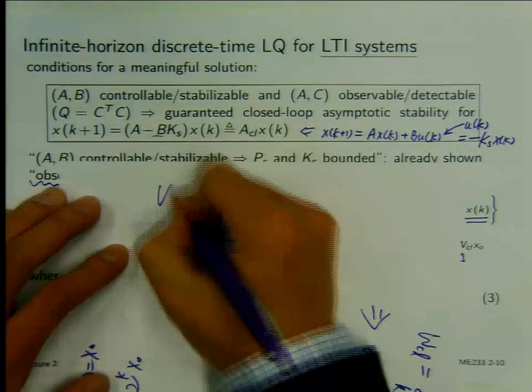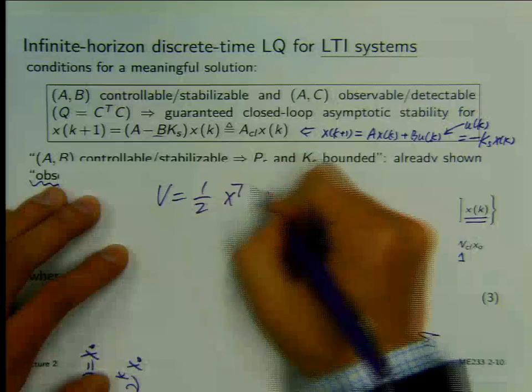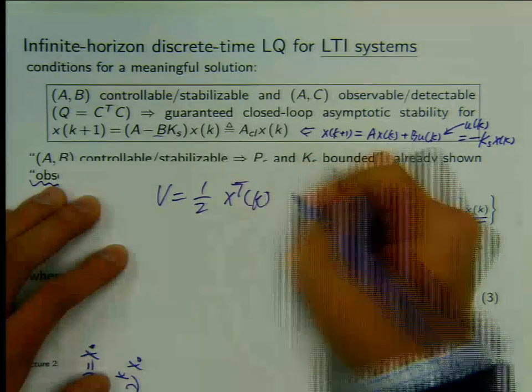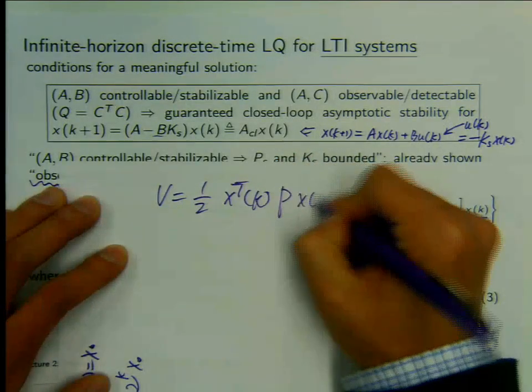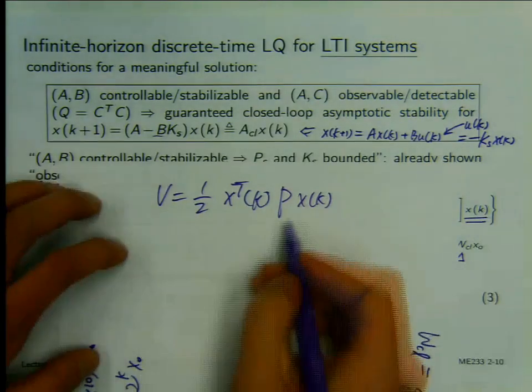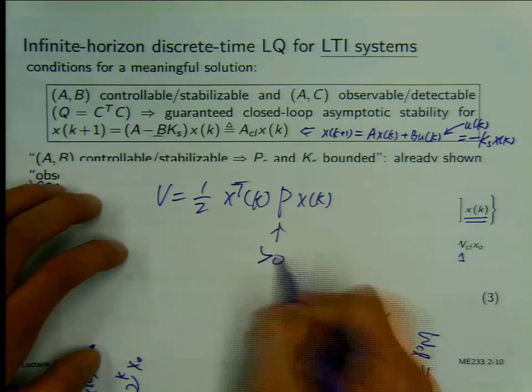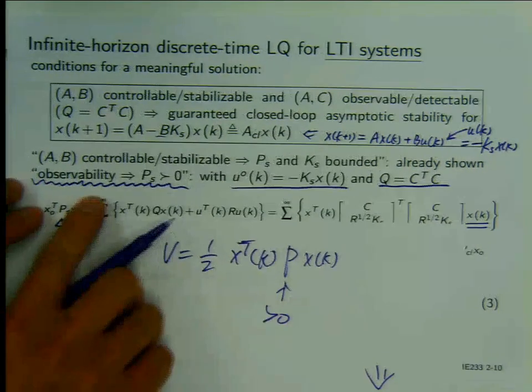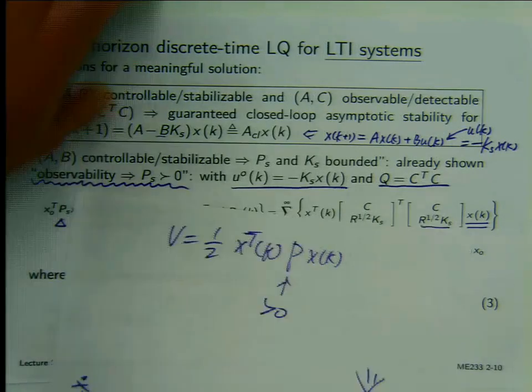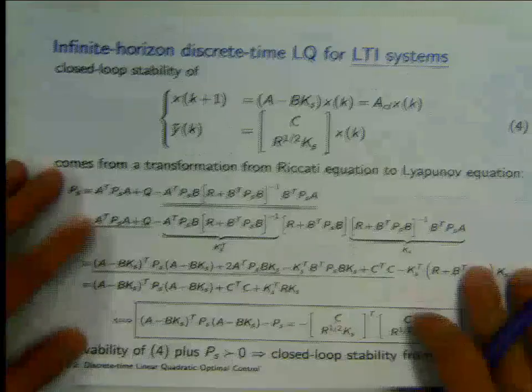Now, P. We want this one to be positive definite. And this is exactly what we have done here. Okay? And if this happens with certain additional conditions, you can guess the closed loop system is going to be stable, right?